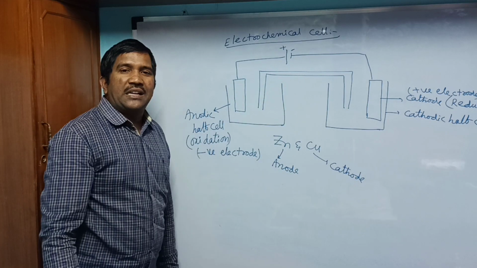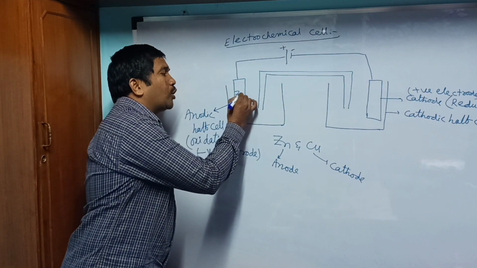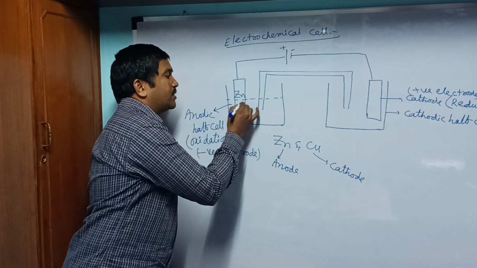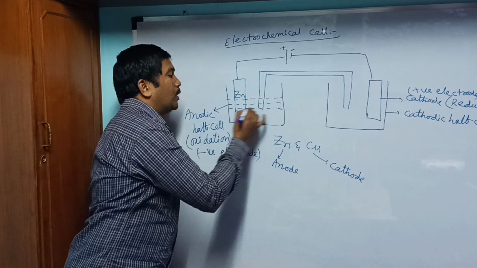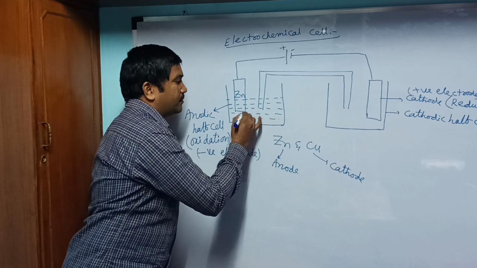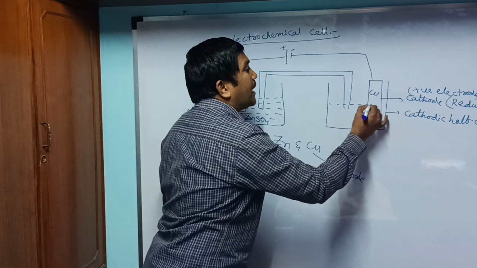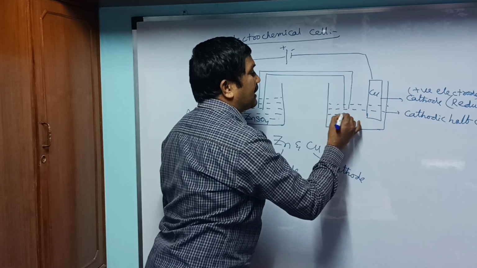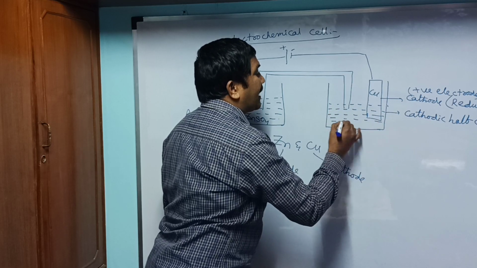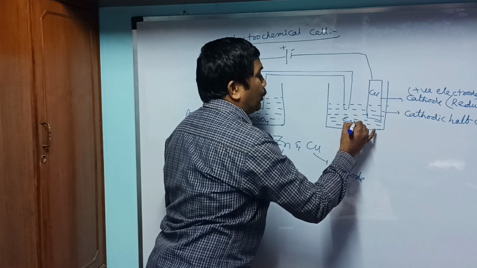In this electrochemical cell, zinc is dipped into zinc sulfate solution, and copper is dipped into copper sulfate solution.